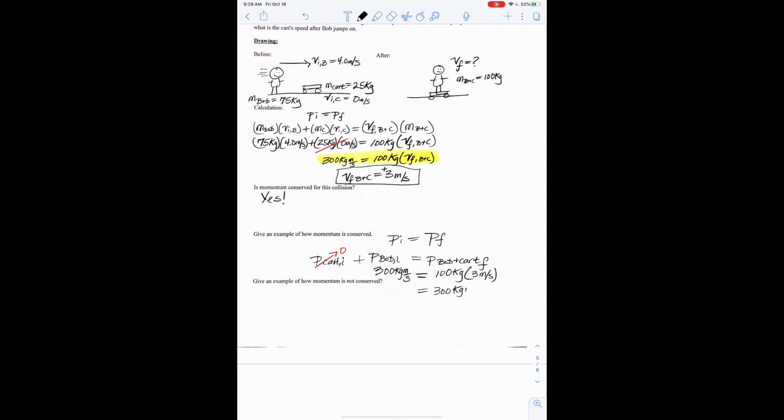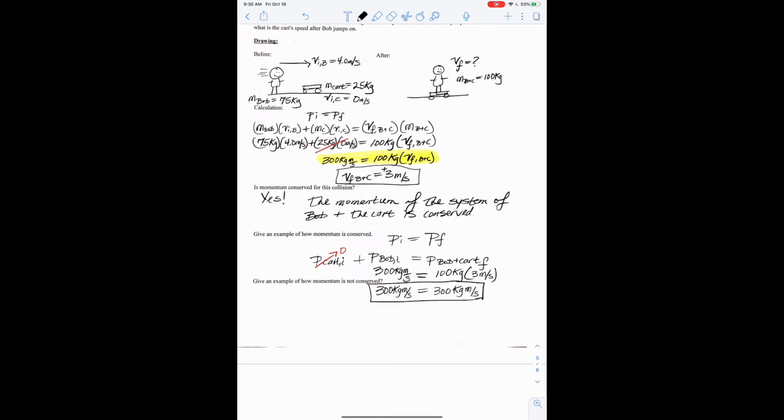So what we're saying then is the momentum of this entire system is conserved. We can write that down in words: the momentum of the system of Bob plus the cart is conserved.